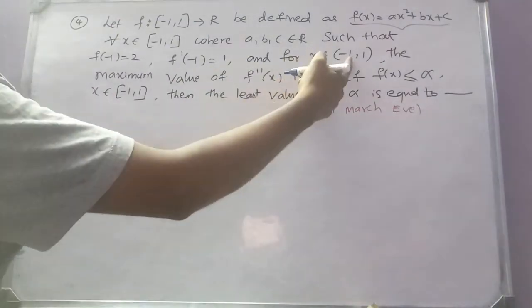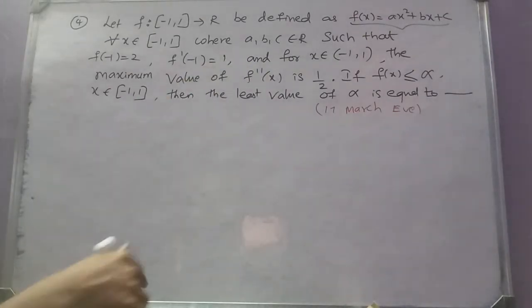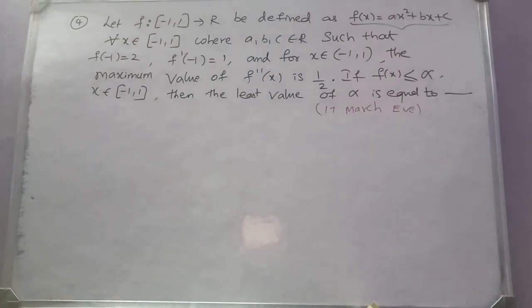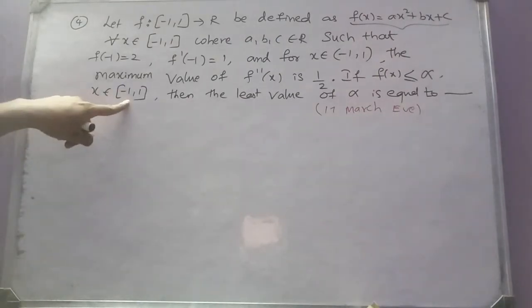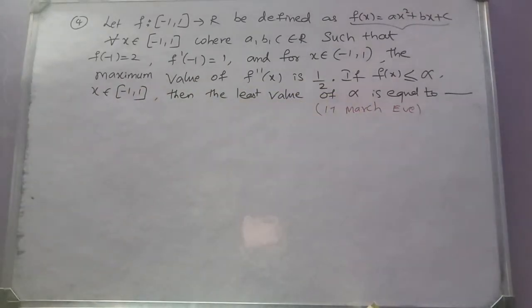He also said that if f of x is always less than or equal to alpha in this domain minus 1 comma 1, then the least value of alpha is how much?